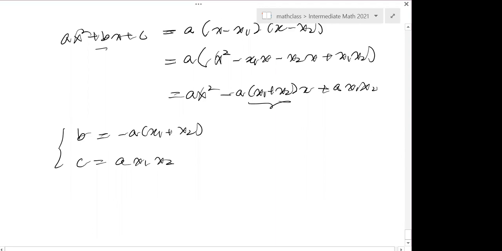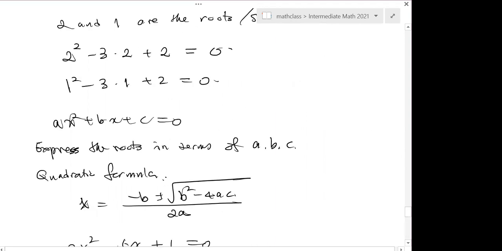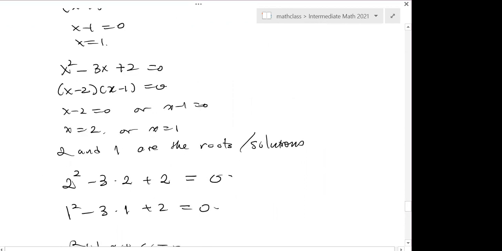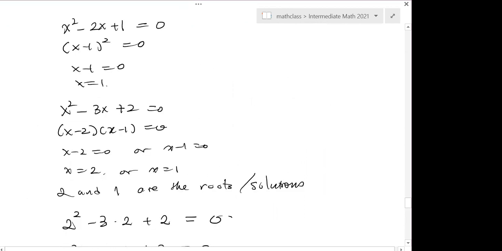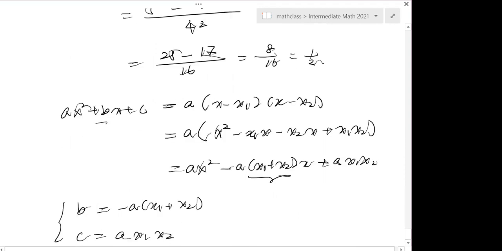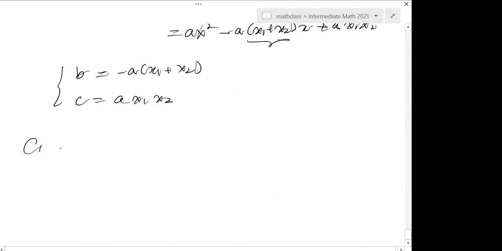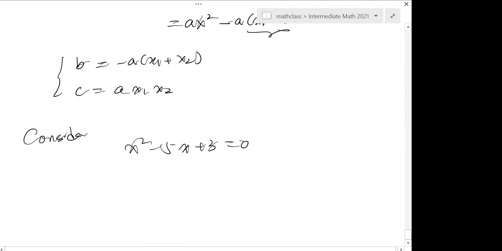So let's go back to the problem we had at the very beginning, right? x squared minus 5x plus 3. Let's consider x squared minus 5x plus 3 equals 0, okay? So a and b are the roots.